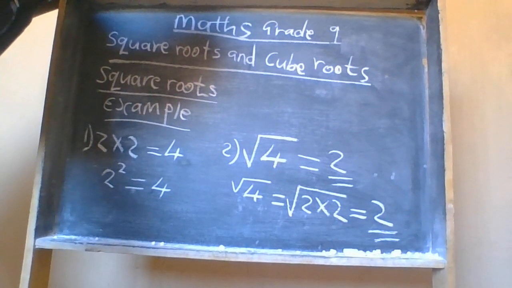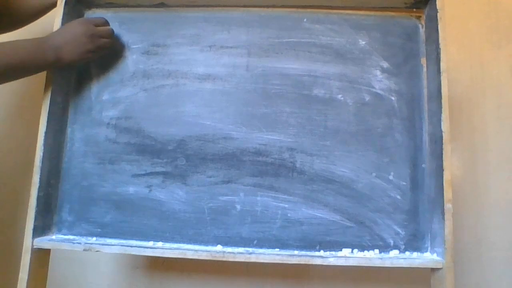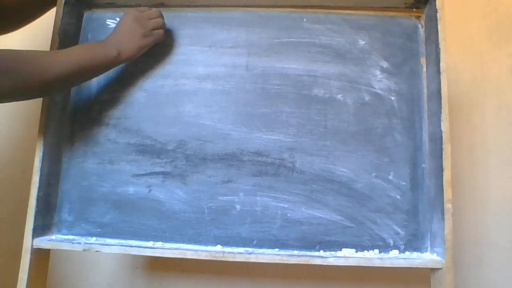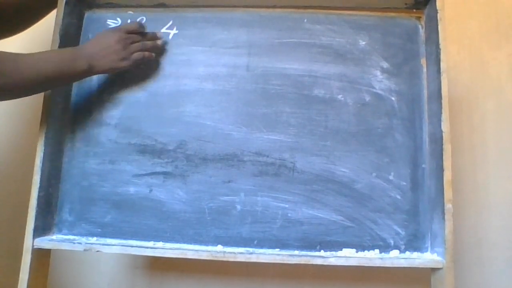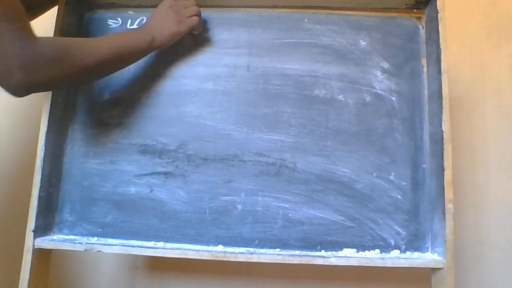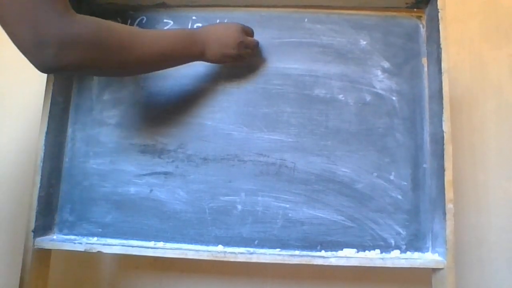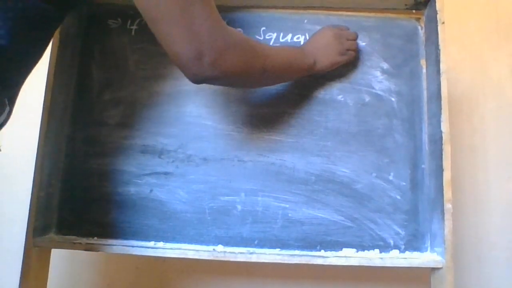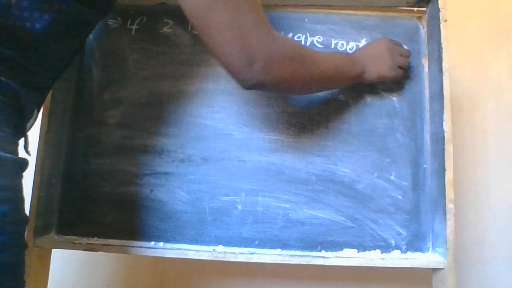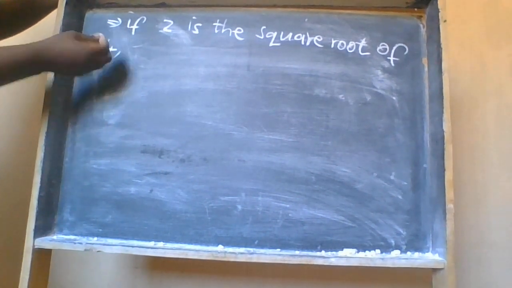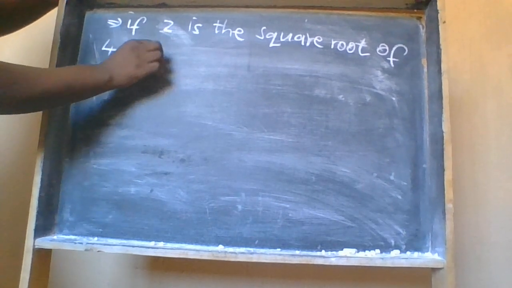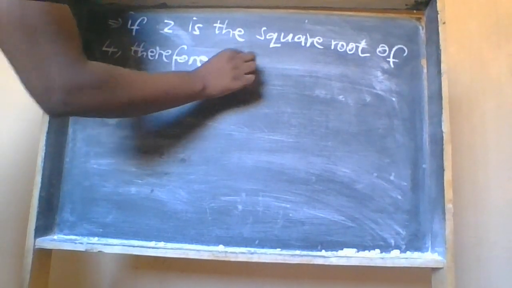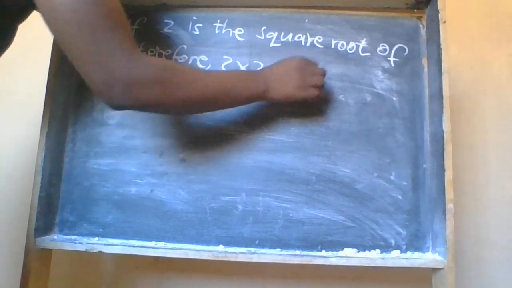I'm sure that is clear. Therefore, if 2 is the square root of 4, then 2 times 2 equals 4.